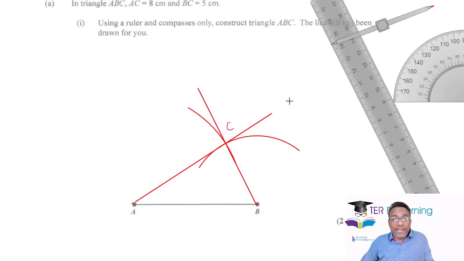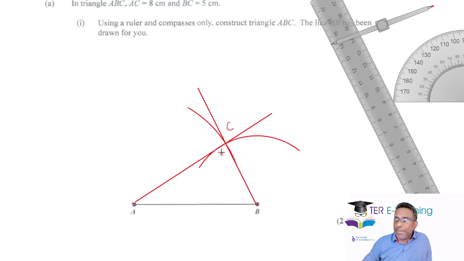Now, the next thing that they want us to do in this exam question, apart from the construction: measure and state the angle BAC. So let's go back here. That is this angle here they want.